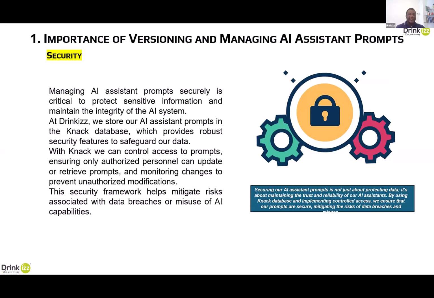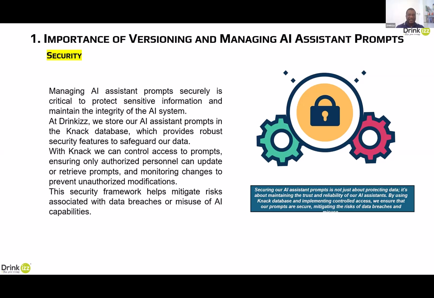As you know, the Knack database has strong security features which help us control who can access the prompt and monitor any changes. Using Knack, we can make sure that only people who have permission can see and change the AI prompt.